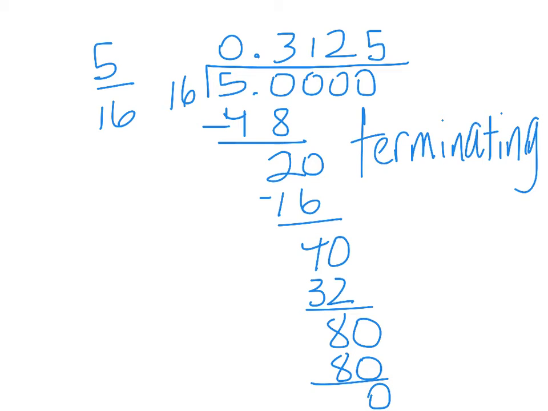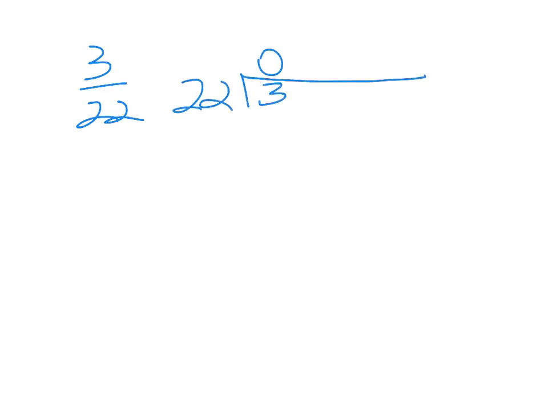All right, let's try one more: 3 over 22. So 22 goes into 3 0 times, so we put on another 0. It goes in once. Subtract 22. That leaves us with 8. Bring down the 0.